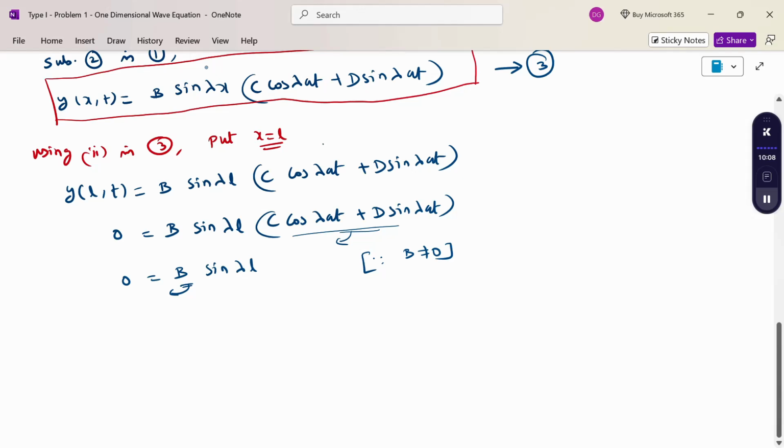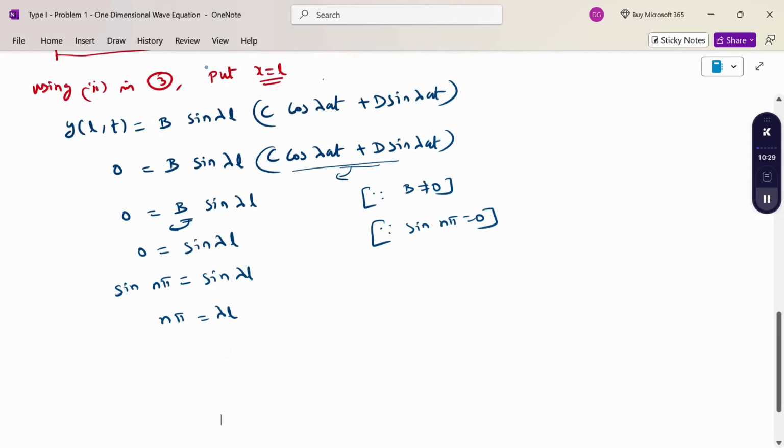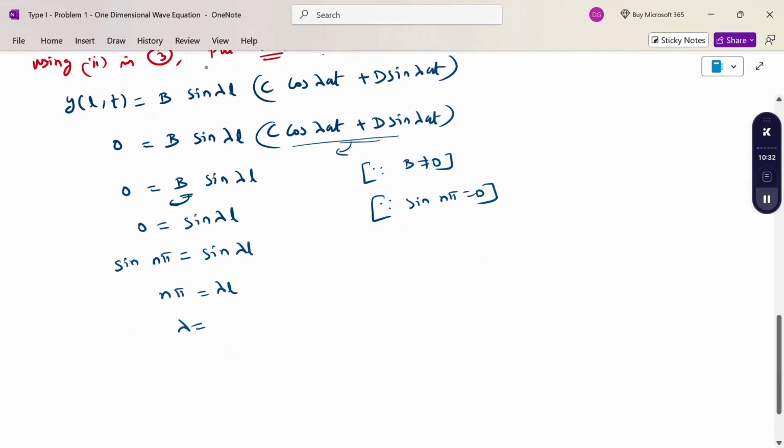Therefore, I take b on the left hand side, 0 equals sine lambda L. And we know that sine n pi is 0. Therefore, sine n pi equals sine lambda L, so n pi equals lambda L. To find the lambda value, lambda equals n pi by L.